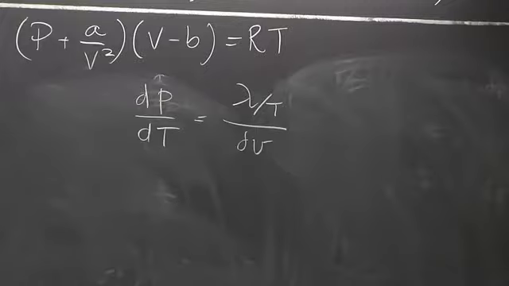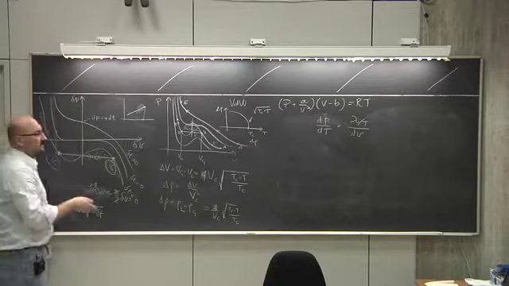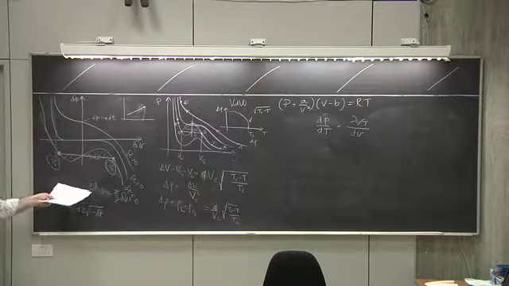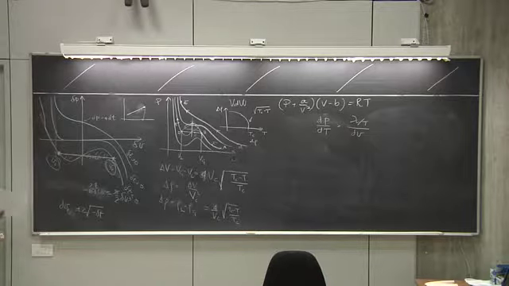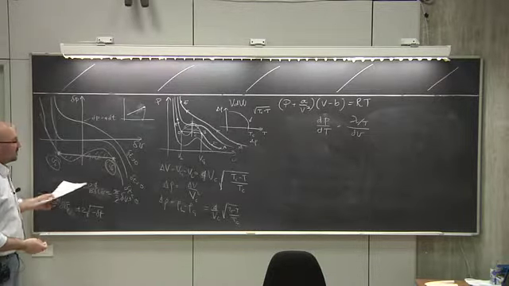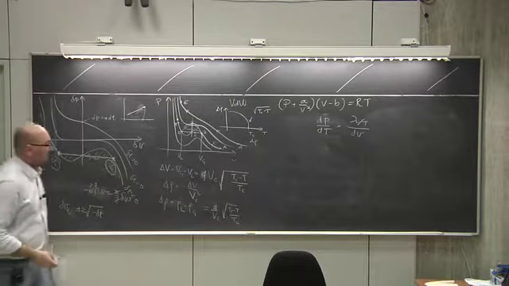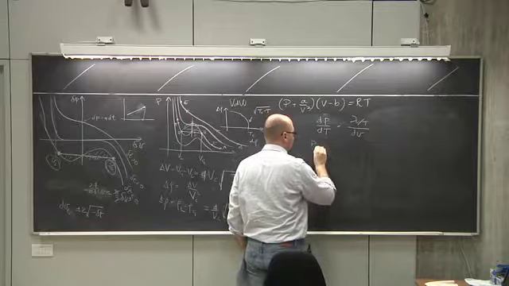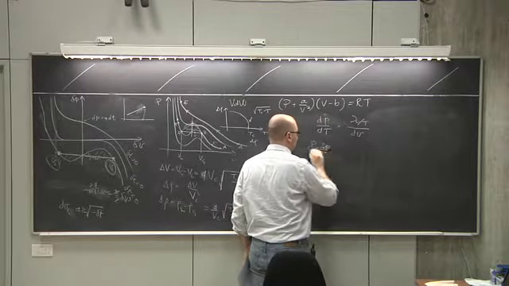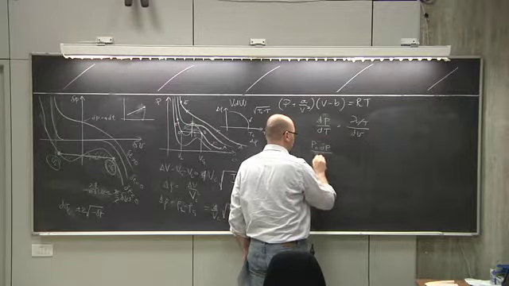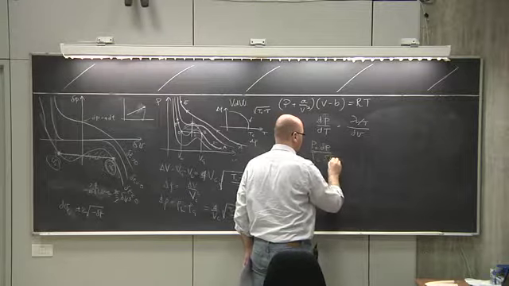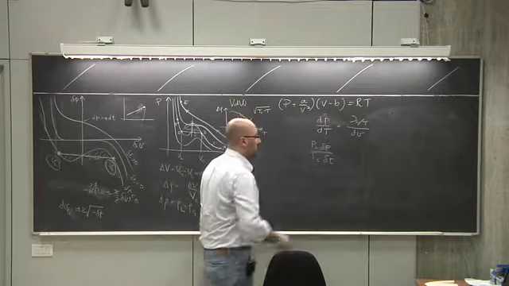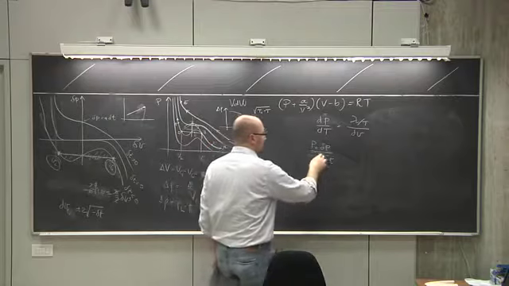So here we saw what happened. This equation only makes sense below Tc, because we have vaporization below Tc, where the liquid and the gas come out in equilibrium. So dP by dT, let me write this as dP divided by Pc, dT divided by Tc. I'm just changing the units.